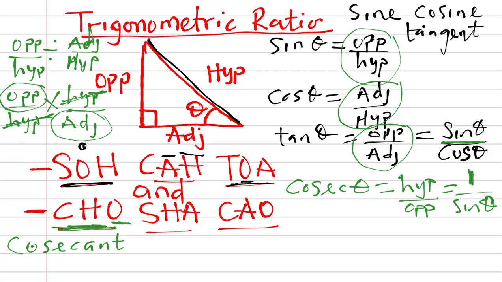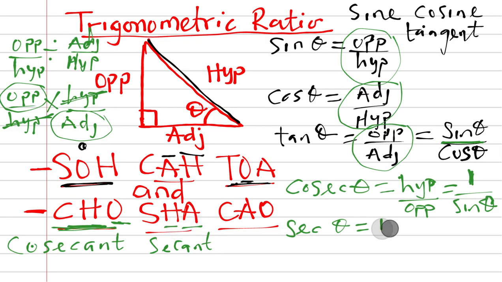So we already see our cosec. Now the next one is called sec theta. Sec theta is secant. Are you seeing that? And that's what you can see, hypotenuse over adjacent.